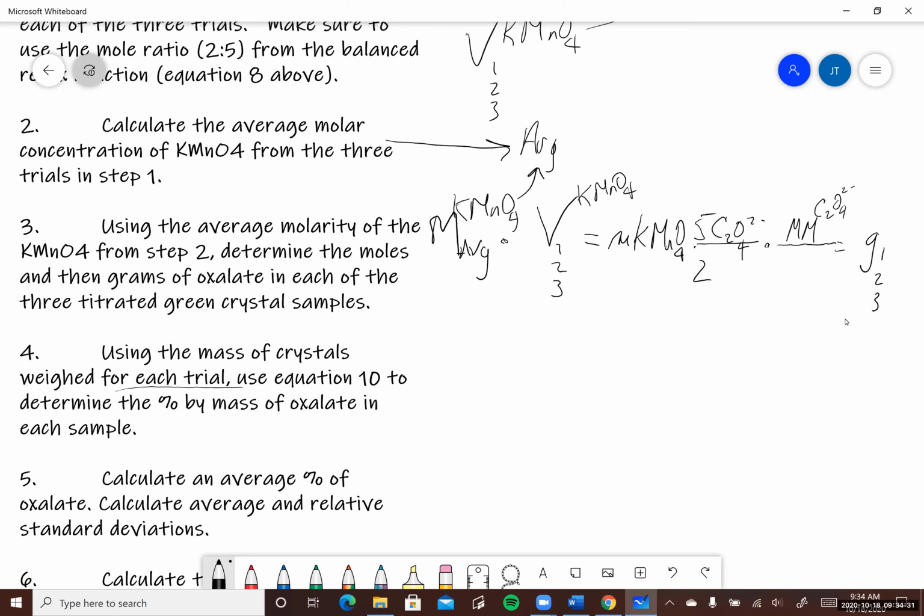So I have the grams for each one of those determinations of the oxalate.